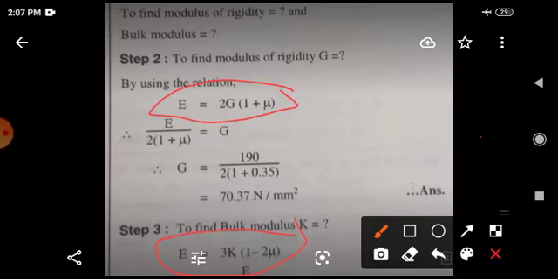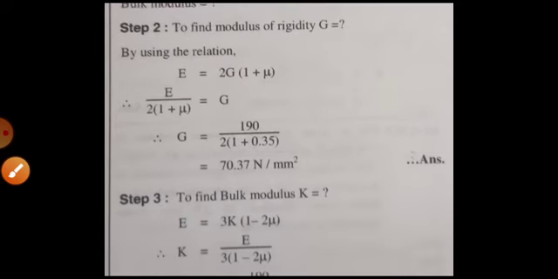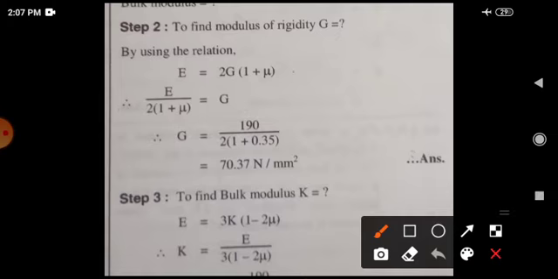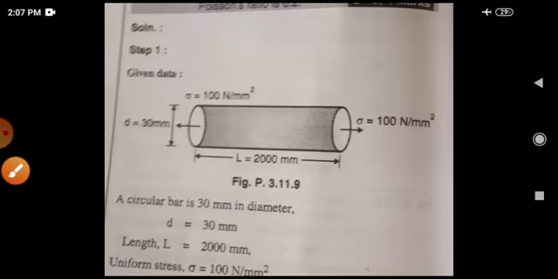They give the relation, any two given, you can find out the third. Keep these two formulas in mind: E is equal to 2G into 1 plus mu, and E is equal to 3K into 1 minus 2 mu. We have derived the equation for it.